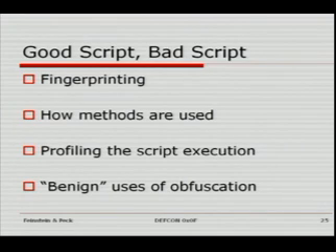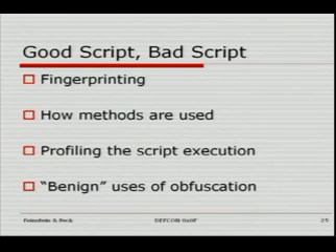So the idea was basically to look at the usage of all these methods and calls and compare running the corpus of benign JavaScript through the tool versus some samples of known malicious JavaScript. Essentially, we were profiling the script execution by instrumenting the interpreter.